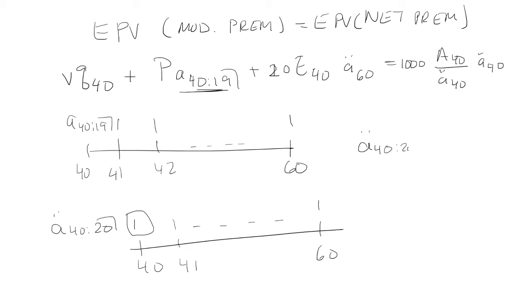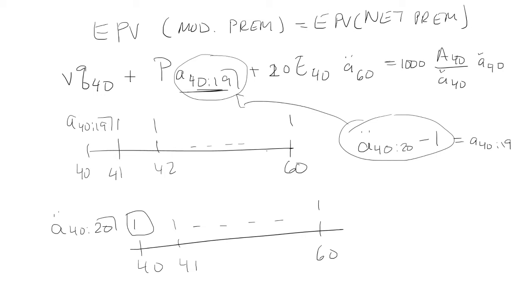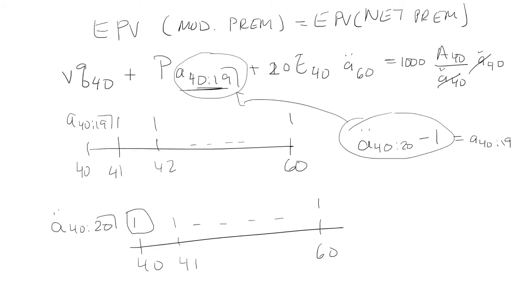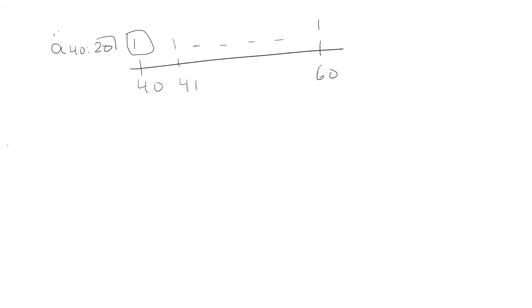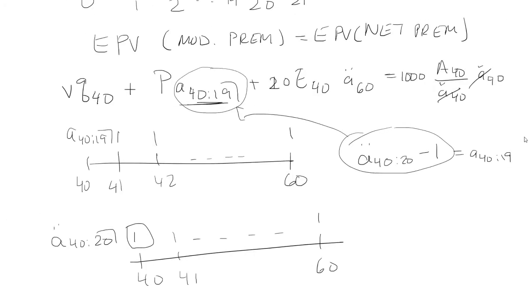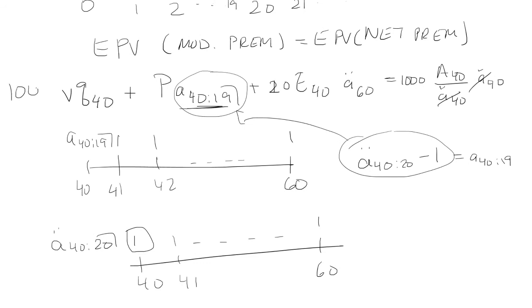If I subtract 1, I end up getting to this annuity. So that's actually what I'm going to do. I'm going to replace this with this. Another thing to notice is these will cancel. If I rewrite it, actually I forgot to put the 1,000 here, because at the first year, the 1-year term, you need to have the benefit in front.